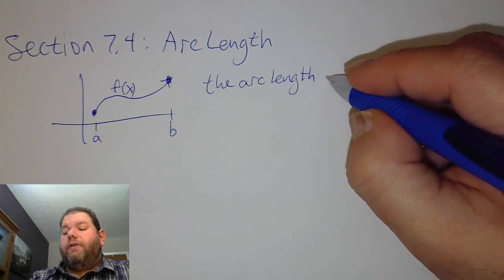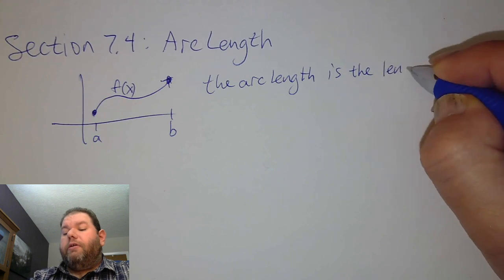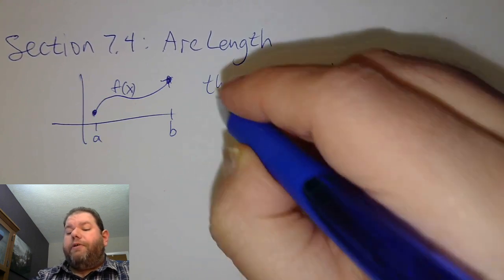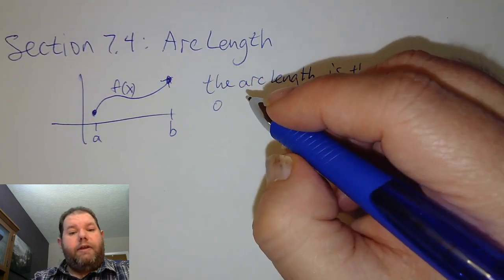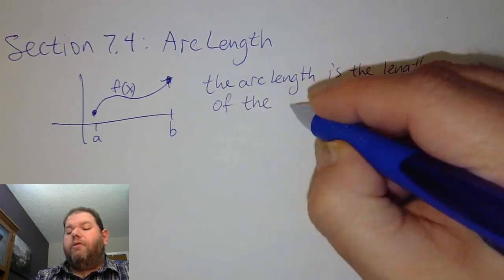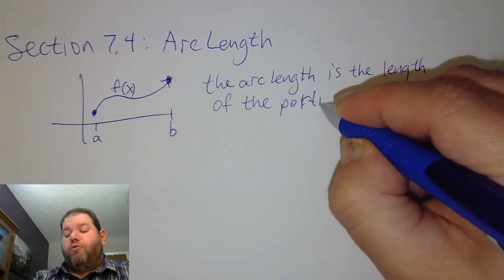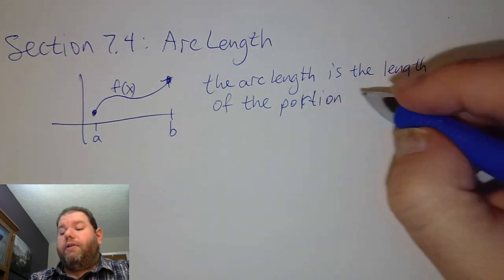So the arc length is the length of the curve if it were stretched out as a straight line. And specifically, it would be the portion of the curve that we're looking at.